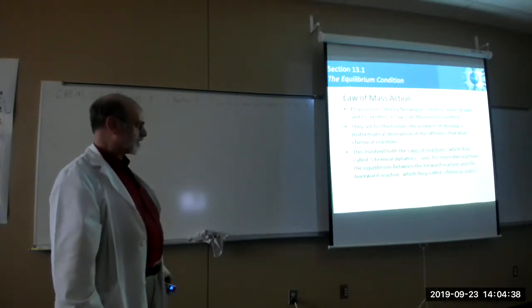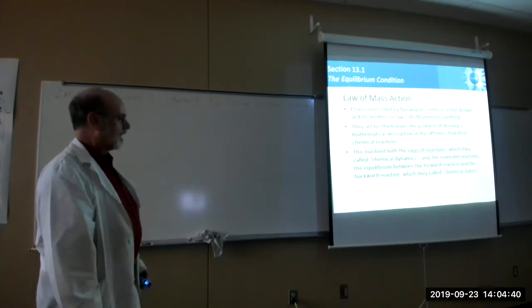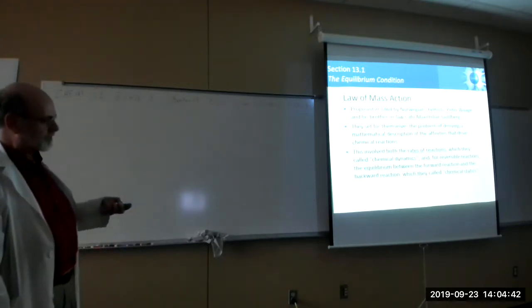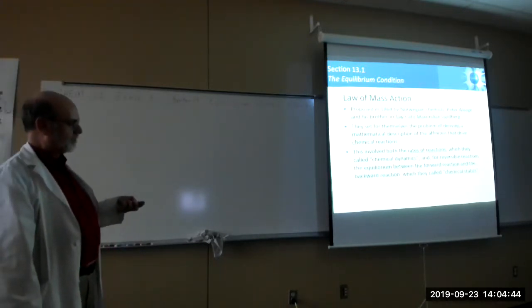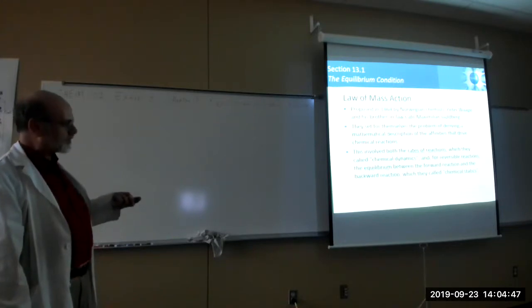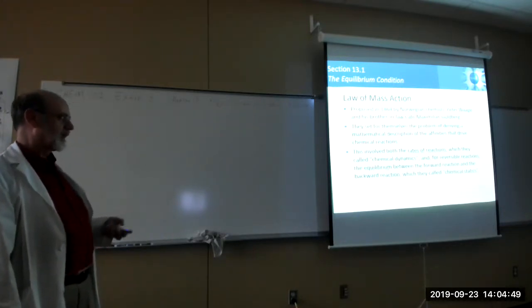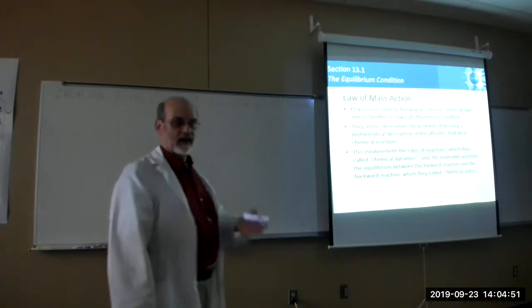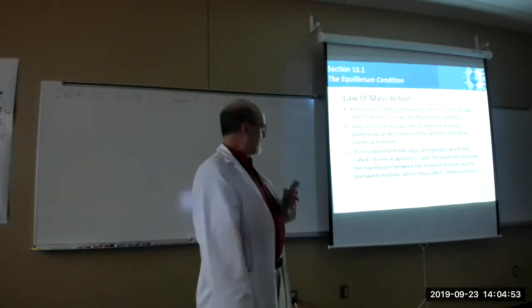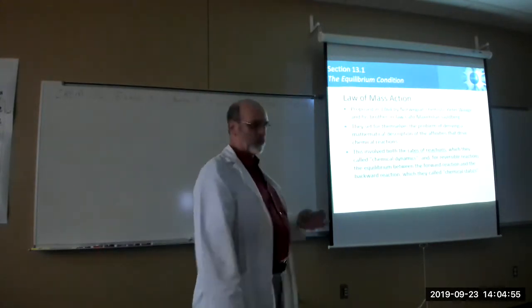And they came up with an expression. They called it chemical dynamics versus chemical statics. Chemical dynamics would be what we call kinetics now. And what they call chemical statics, we call equilibrium.